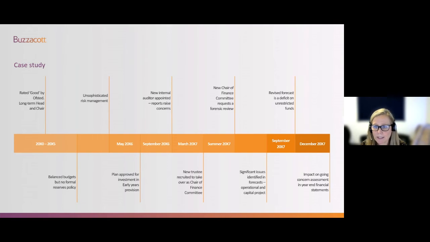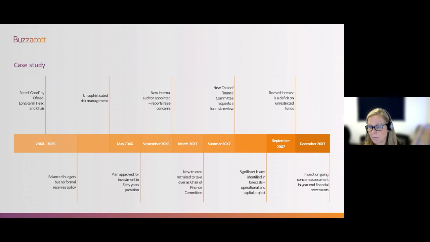So really a number of concerns coming out of that forensic review, which once they're actioned and reworked into the finances, it comes out with a forecast deficit on the unrestricted funds position of the trust. So of course this needs to be notified to the ESFA.